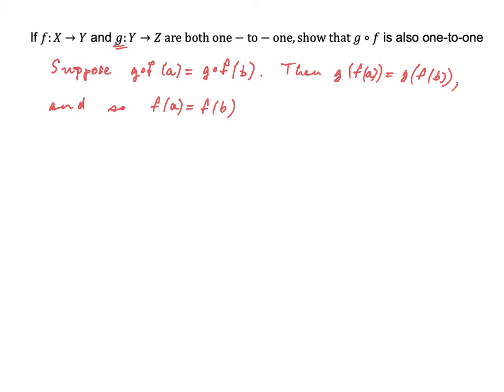So g takes f of a and f of b to the same output. And so the inputs, f of a and f of b, must have been equal to begin with. So this is because g is one-to-one.